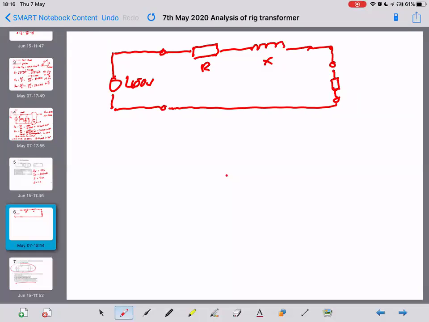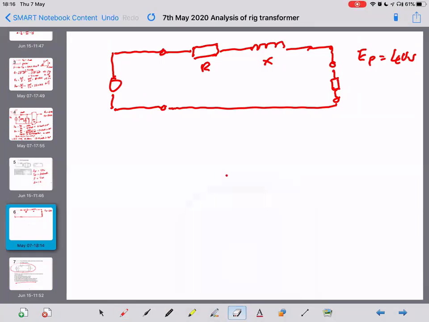But given the information that we've got, we've got EP is 40. Sorry, 40. Yes. So we've got 40 volts from our data.